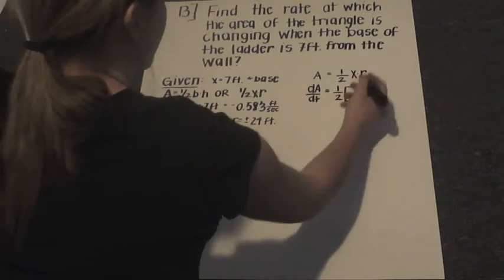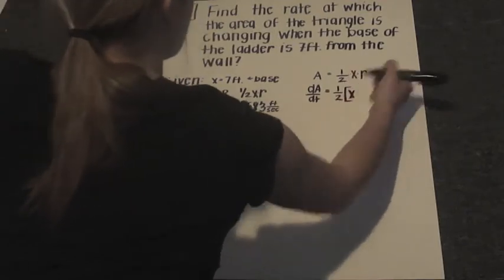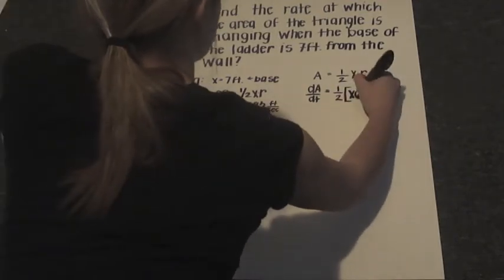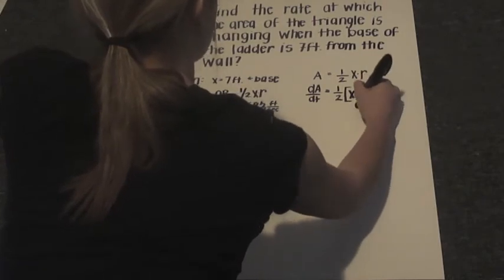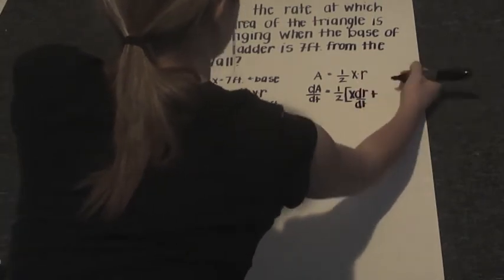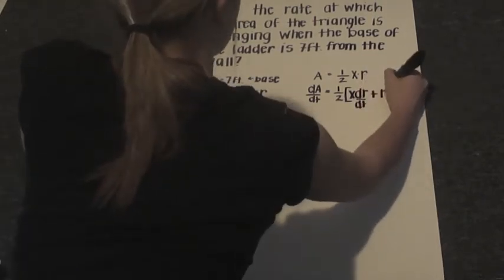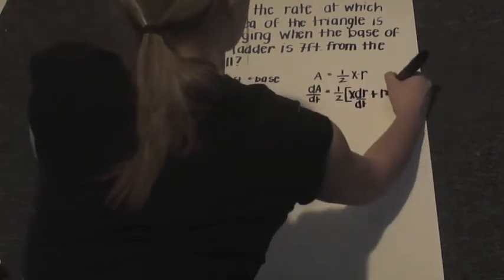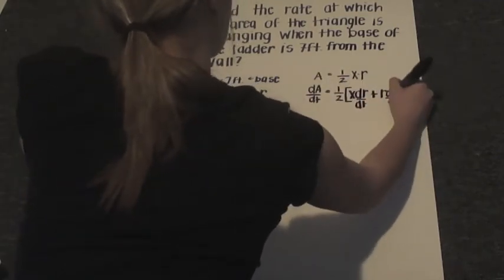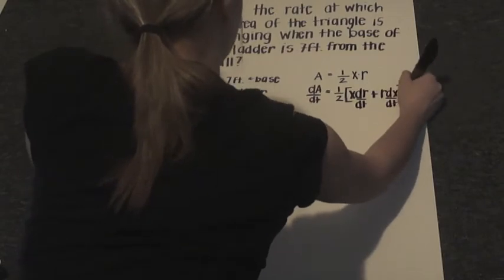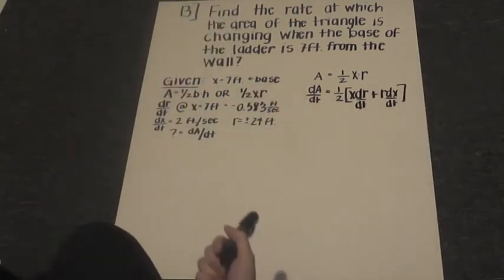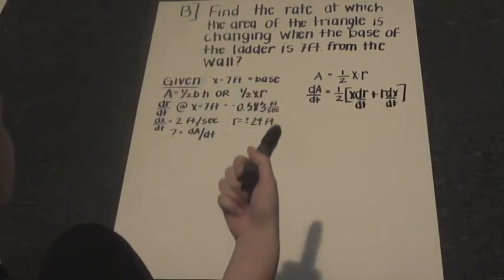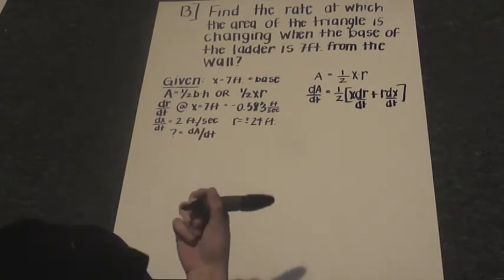So we take the first times the derivative of the second, which is dr/dt, plus second times the derivative of the first. And there we have dA/dt is equal to 1/2 times x dr/dt plus r dx/dt.